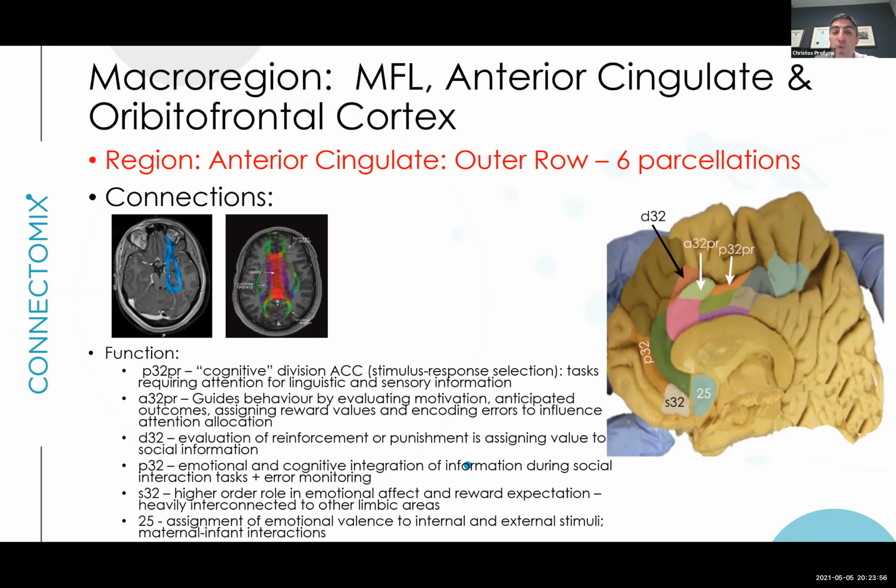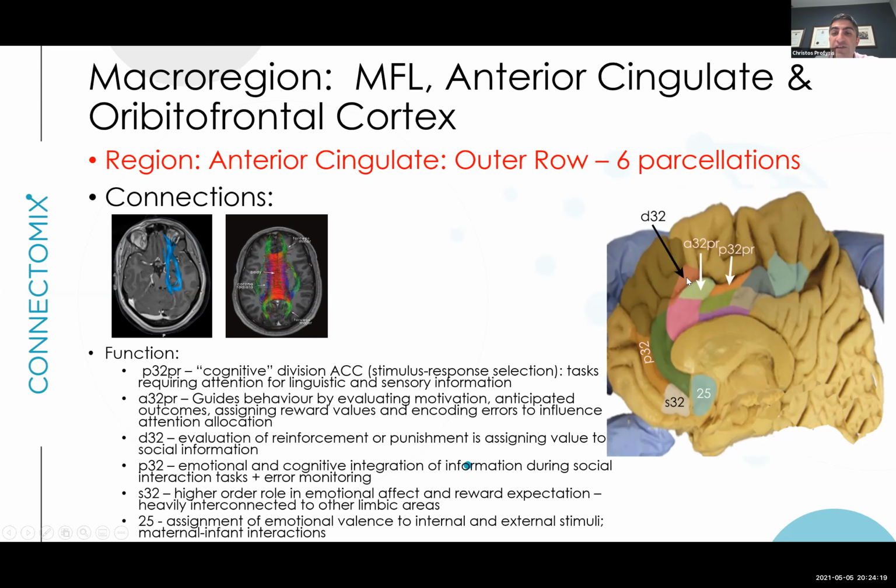It assigns reward values and encodes errors. And what this does is it allows us to focus our attention towards what's important to us. What's important to us is likely encoded through this parcellation. So it's very complex in terms of what it does.